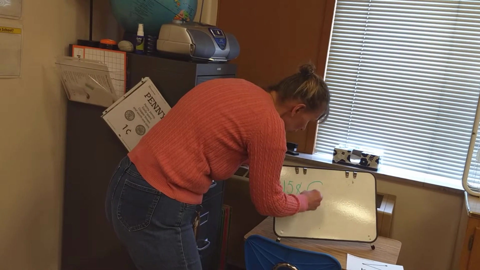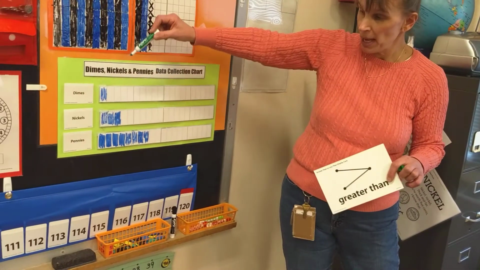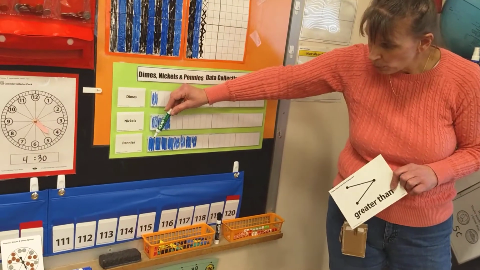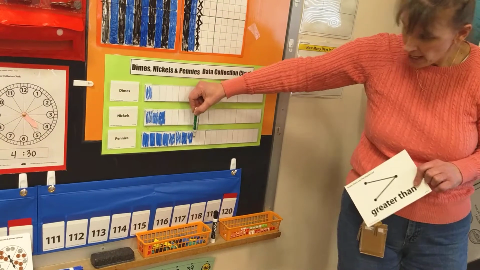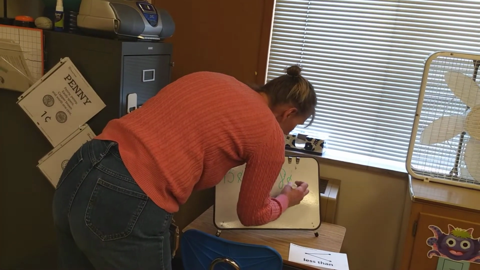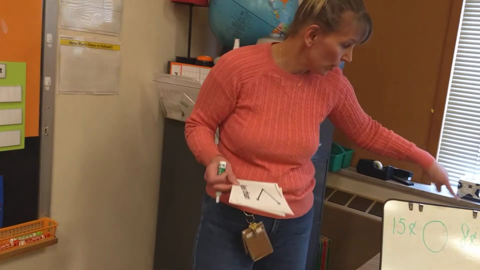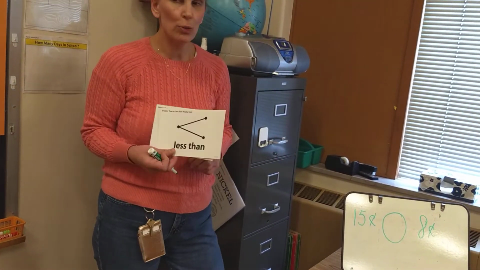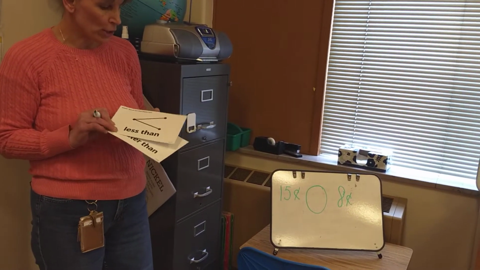We're going to make our circle because that's where we're going to put our greater than sign. And we have pennies. Let's do our pennies. 1, 2, 3, 4, 5, 6, 7, 8. And that's 8 cents, but we also might have to use less than. So look with your beautiful eyes and look, which way would my sign go? Which is the greater number?